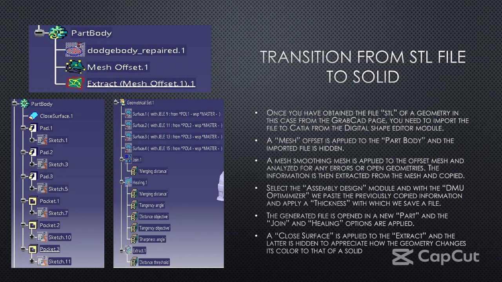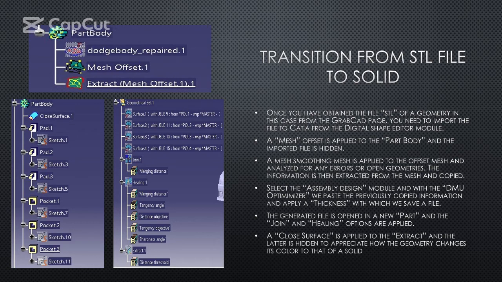Then a mesh offset is applied to the part body and the imported file is hidden. A mesh smoothing is applied to the offset mesh and it is analyzed for any errors or open geometries. The information is then extracted from the mesh and copied.